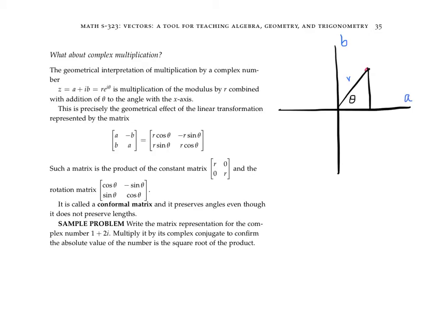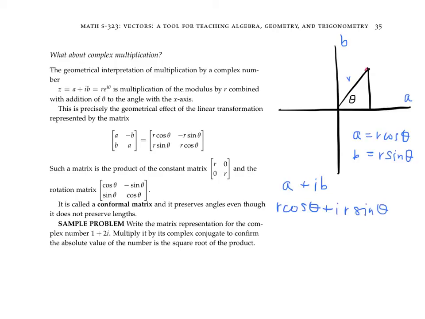So the conversion there is that x, or in the complex plane, a, equals r cosine theta. And y, or b, in the complex plane equals r sine theta. And so when we say something like a plus ib, if we substitute in these polar identities, we have r cosine theta plus i r sine theta.